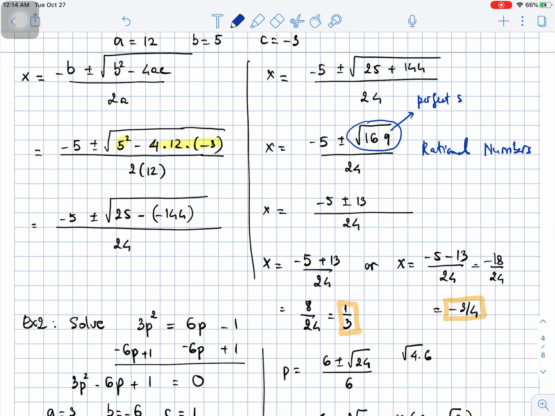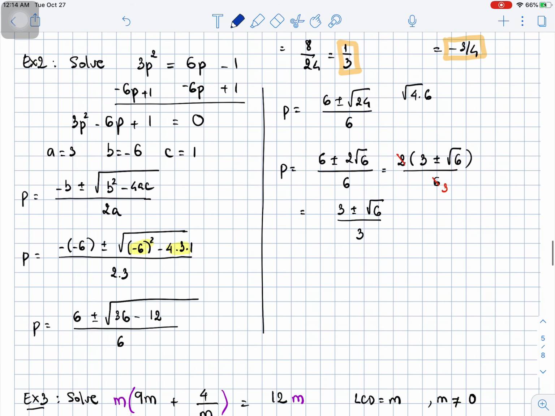So when you solve a quadratic equation, you get rational number answers. You go back to the problem and recall how we got this answer. The important thing is that you look at the square root. If you have the square root and the number 169 is a perfect square, then the answer will be rational numbers.